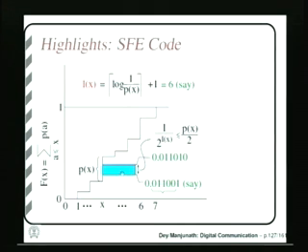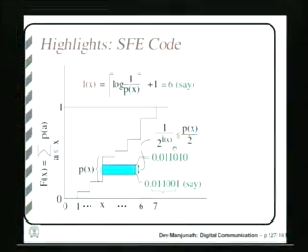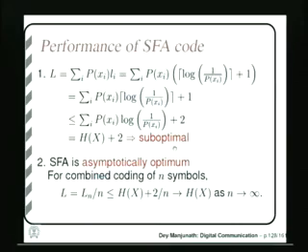So the code word for the next symbol will represent a number somewhere here, and cannot be somewhere inside this. So no code word can be a prefix of another code word if we construct the code using this technique. So this gives us a prefix code.